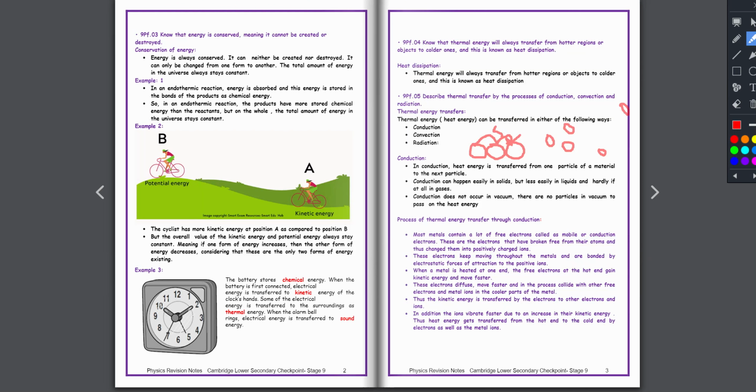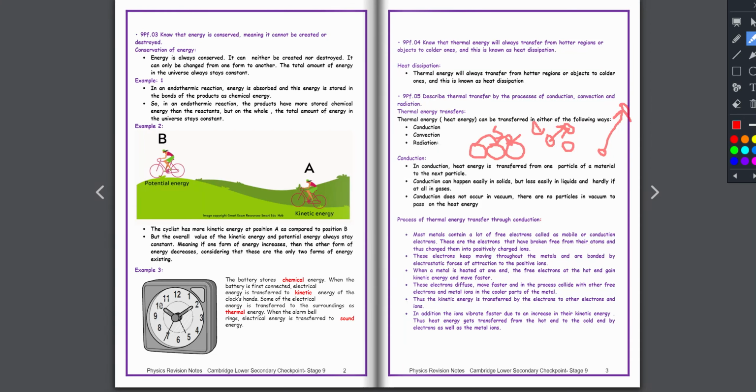This is my solid, but in liquids, what's happening? The particles are further apart, so conduction might happen, but very slowly because the particles are spread out further. Now, in gases, since the particles are so much further apart, conduction, if at all it will take place, very slowly. It might take place hardly in gases because the particles are dispersed or spread out.